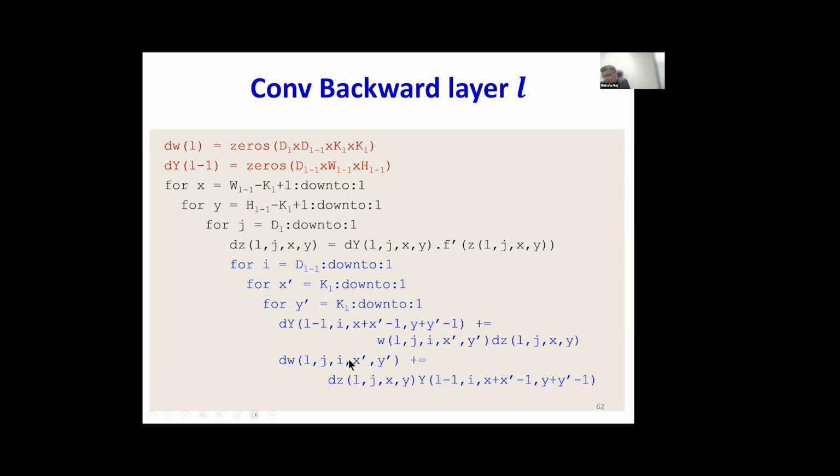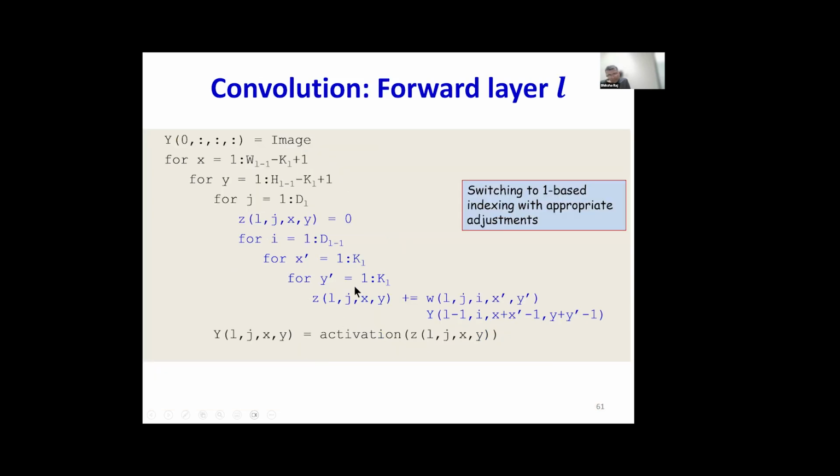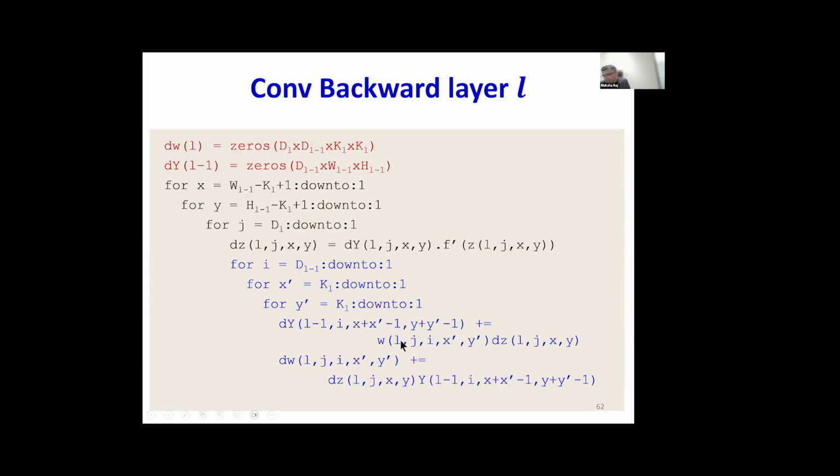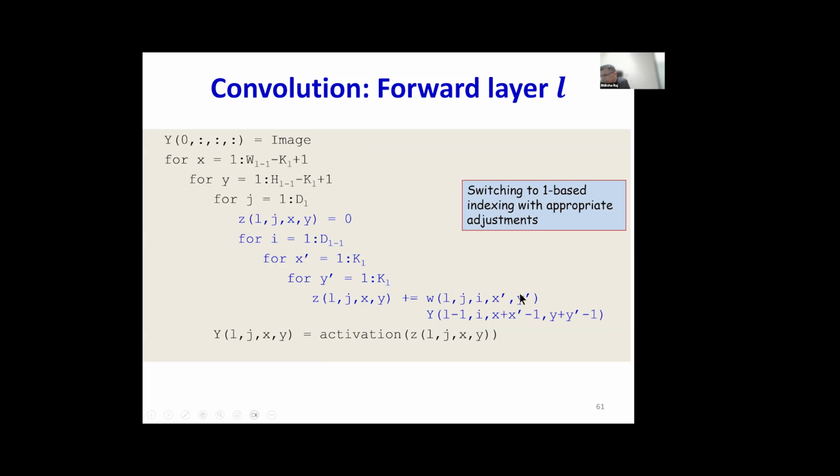And then here, in the forward pass, the affine term was always incremented by the product of W and Y. So in the backward pass, you're going to use exactly the same location. The derivative with respect to W at x prime, y prime is going to be incremented by the derivative with respect to Z at xy times Y at x plus x prime minus 1, y plus y prime minus 1. And so you don't even have to worry about the indices.